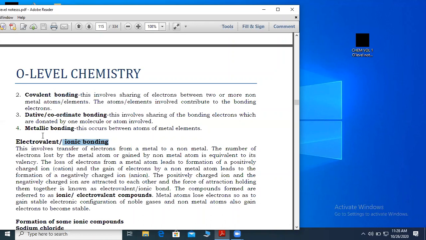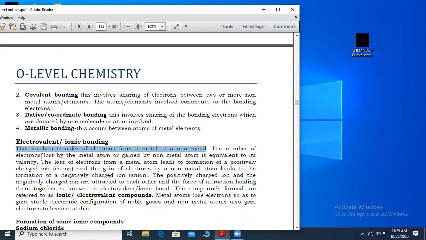The first thing that we need to know is that it involves transfer of electrons from a metal to a non-metal. That is very important. Even if I ask you to define what an ionic bond is, you say it is a bond that involves transfer of electrons from a metal to a non-metal.